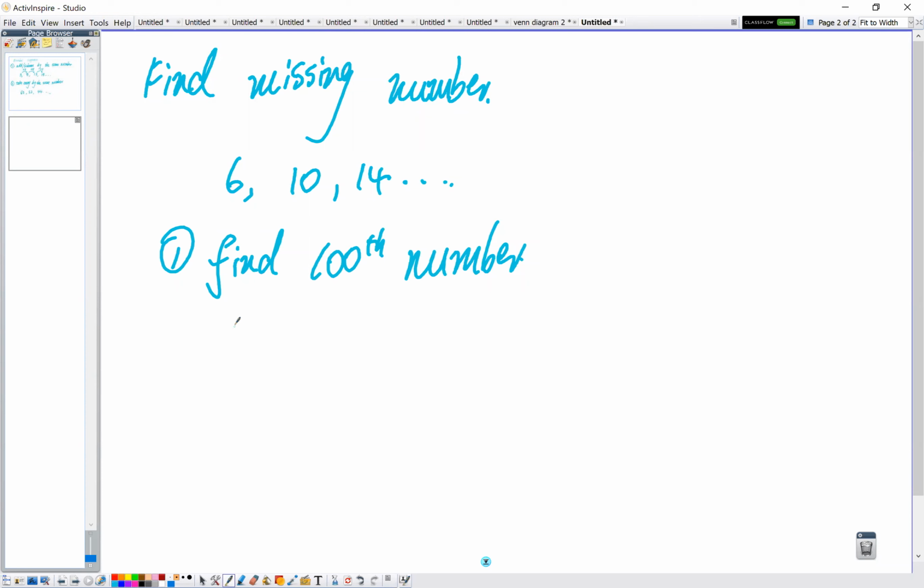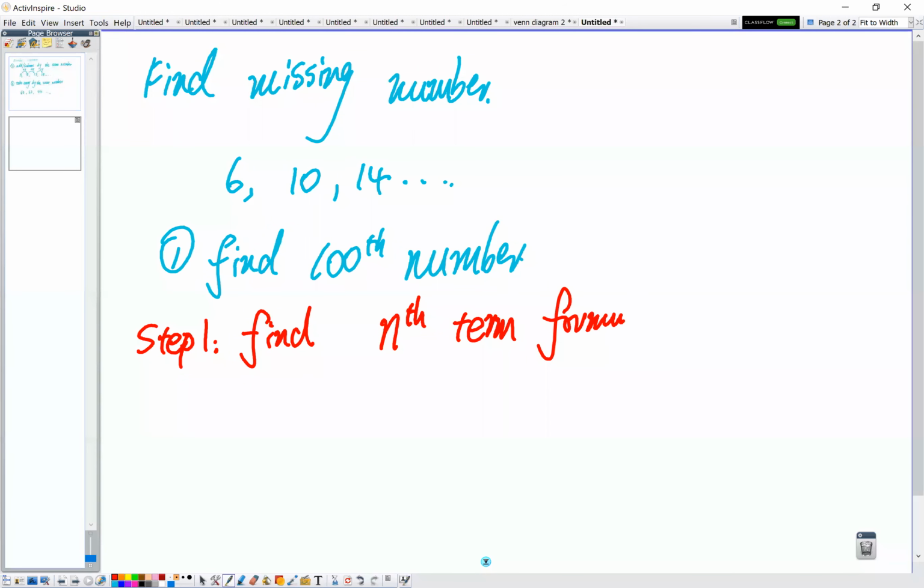To find the 100th number, step 1 is to find the nth term formula. You get Un is equal to A minus D plus Dn.